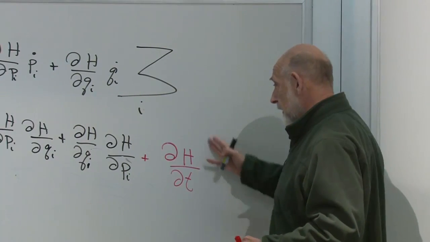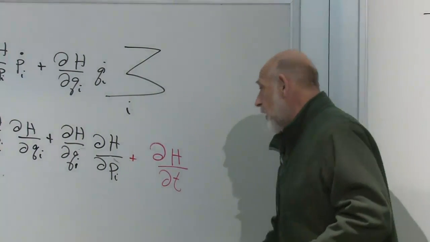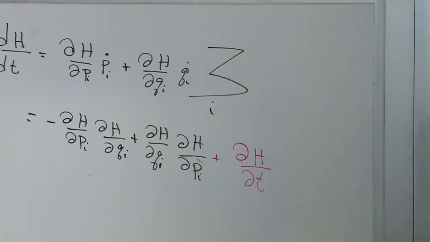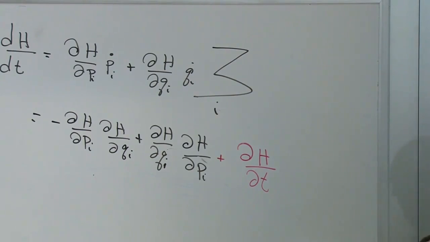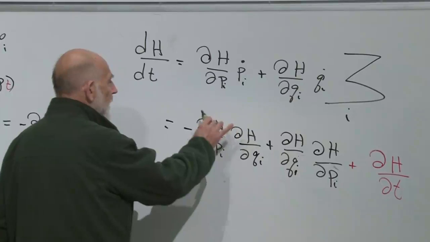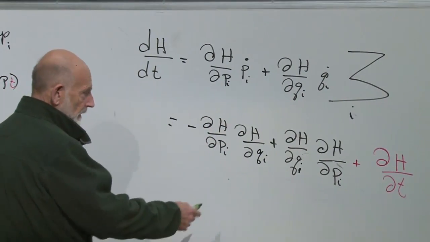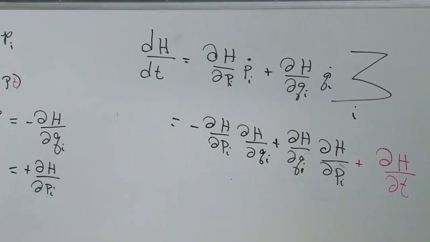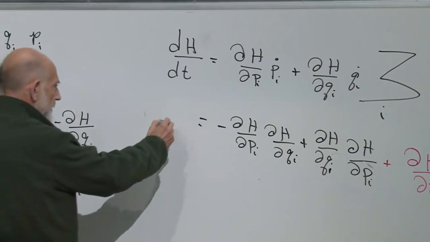And the black piece, you'll just notice, is just the same thing written twice, once with a minus sign. So it's just plain 0. That was easy. So in Hamiltonian form, the conservation of energy is just that this is equal to minus this. You add them together, it's all equal to 0.